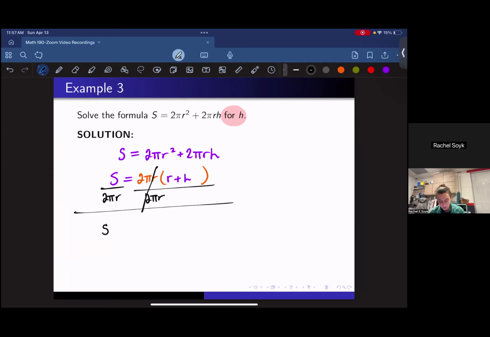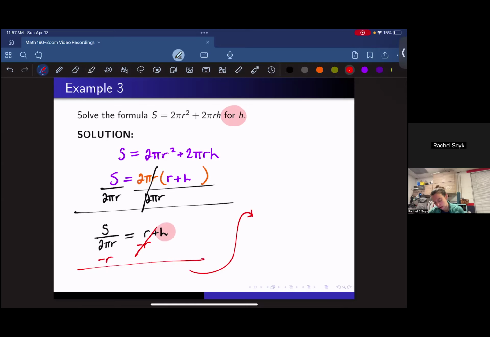And so we're left with S over 2 pi r is equal to r plus h. We're almost done. Our very last step is we need to subtract r from both sides. And so when we do that, we get our final result to be S over 2 pi r minus r is equal to our h.